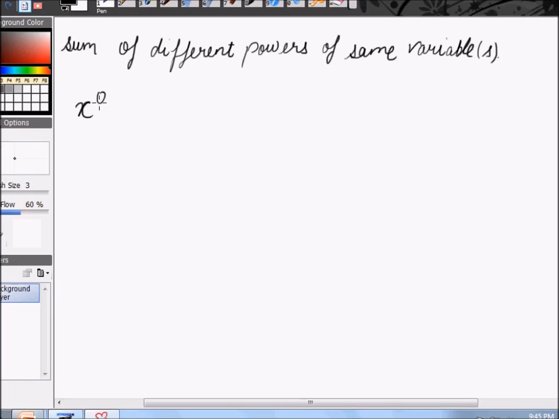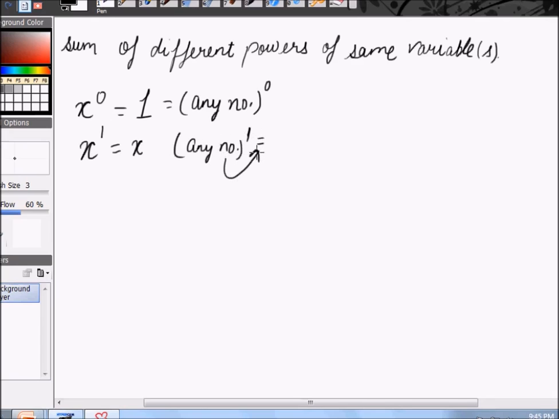X raised to power 0 equals nothing but 1, because any number raised to power 0 gives us 1. Similarly, x raised to power 1 equals x, because any number raised to power 1 is the number itself.